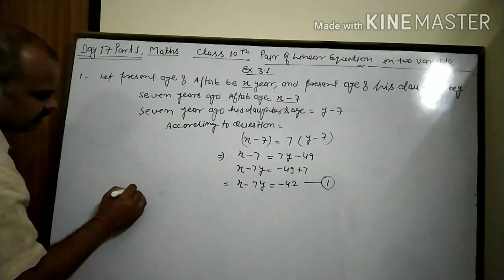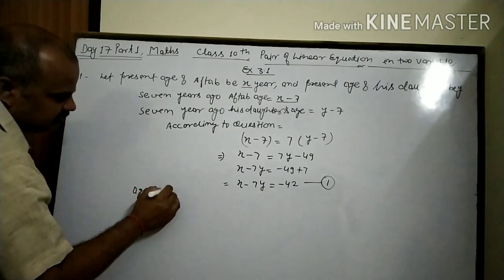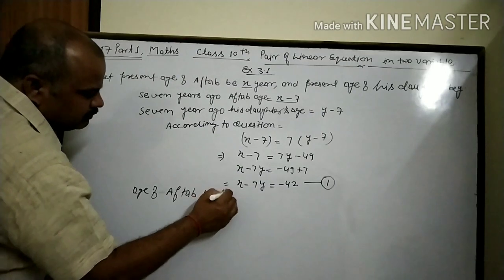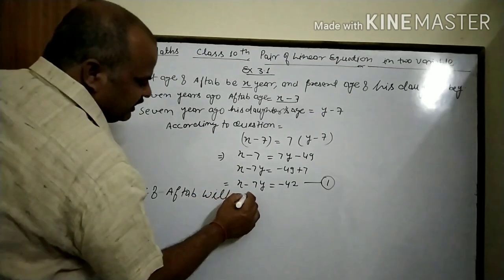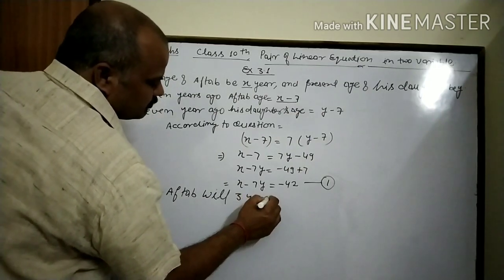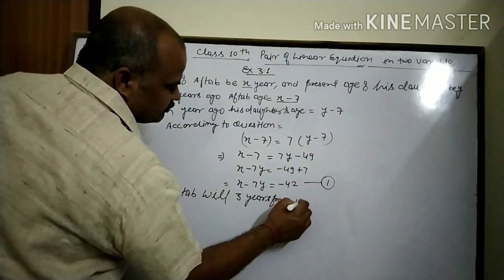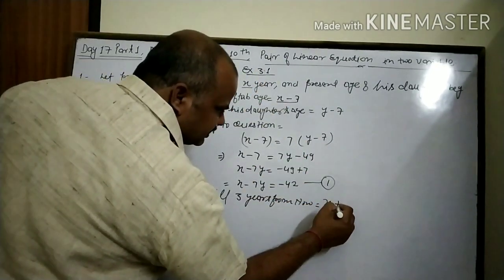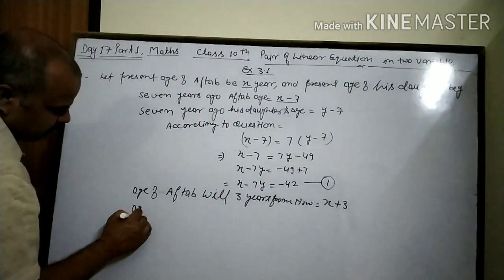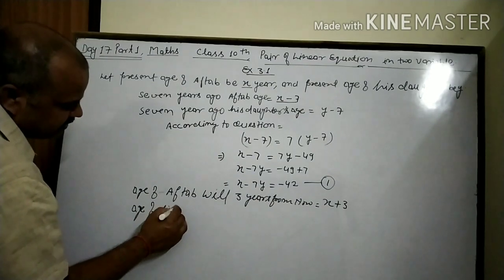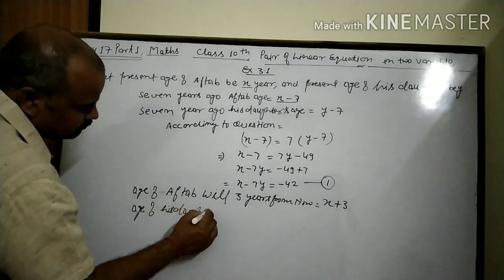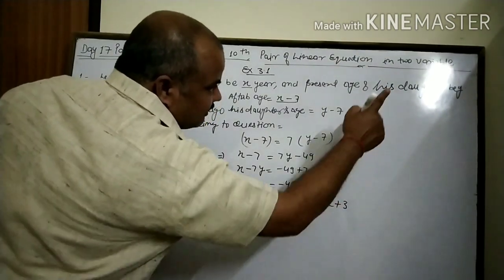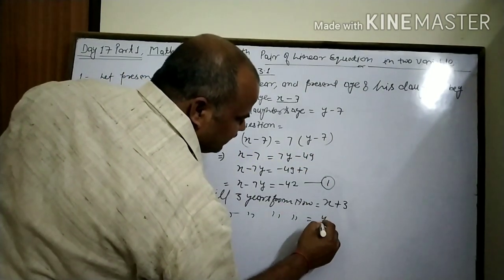The age of Aftab 3 years from now, it means present age is x, then x plus 3. In the same way, the age of his daughter will be 3 years from now, the present age of his daughter is y, then y plus 3.